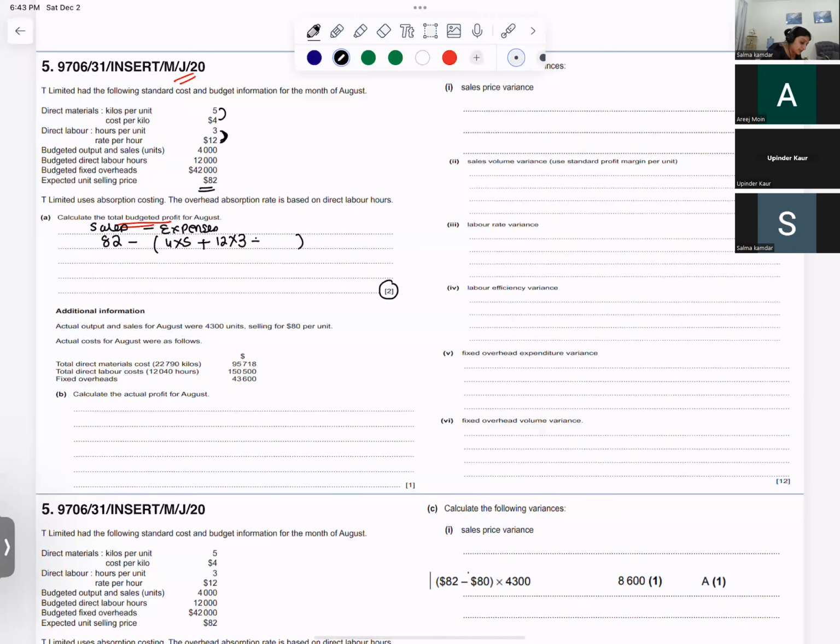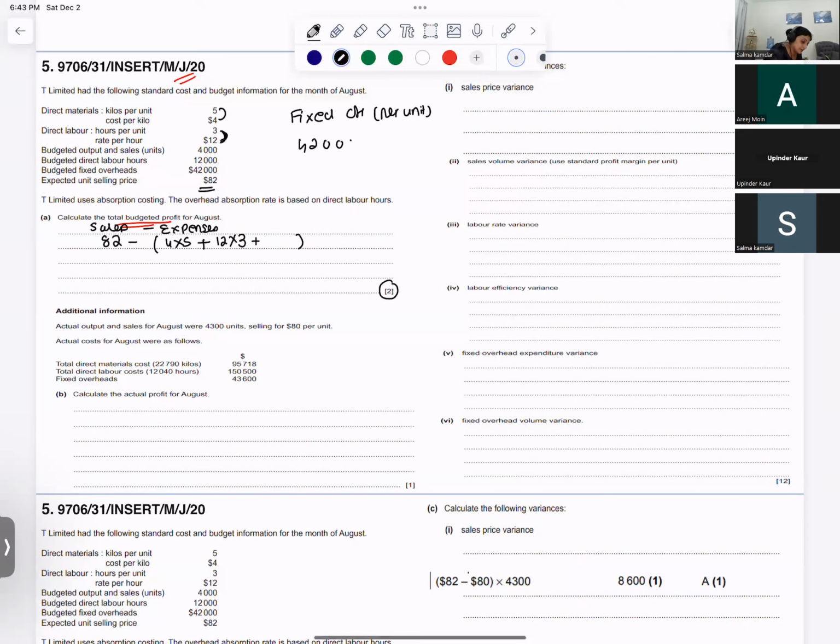Can you all tell me how do you get the fixed overheads per unit? On the basis of direct labor hours. So how will you get that? The fixed overheads divided by the budgeted labor hours.